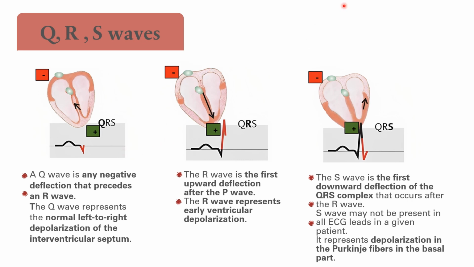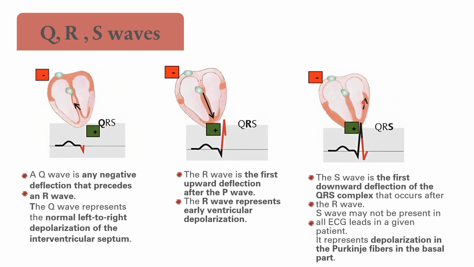So again, the Q wave, because the depolarization is in this direction and it is moving away from the positive electrode, will give us this small negative deflection. And the R wave, because the electrical activation moves in this direction, which is directly toward the positive electrode, will give us the super positive deflection.